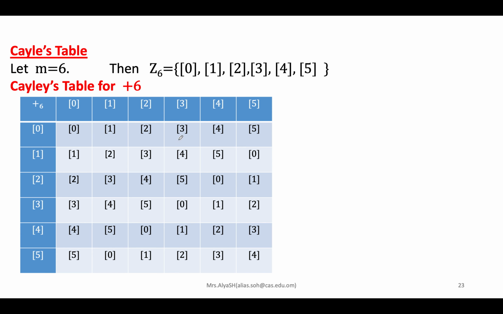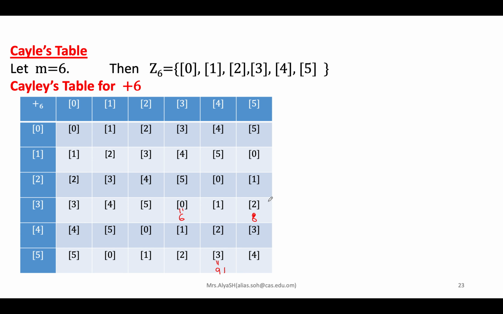So let's take this example. 3 plus 3 is 6, and 6 can be represented as 0. Here we have 4 plus 5 is 9, and 9 can be represented as 3. Here we have 5 plus 3 is 8, and 8 can be represented as 2.